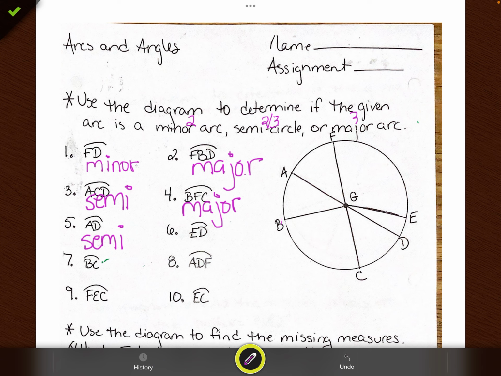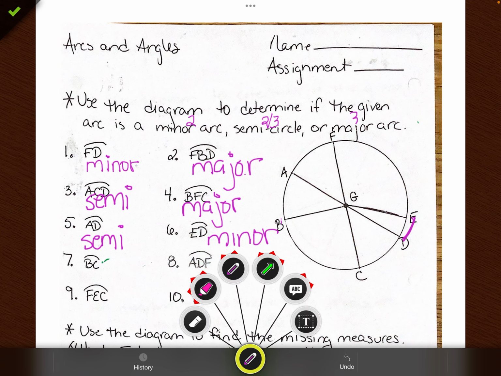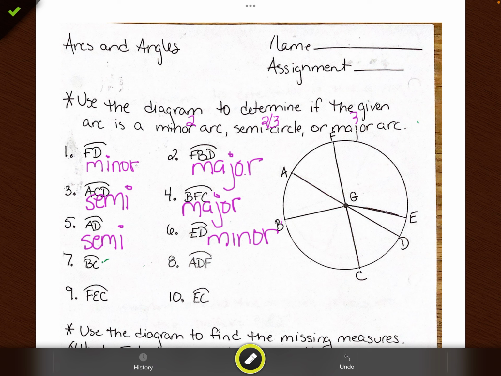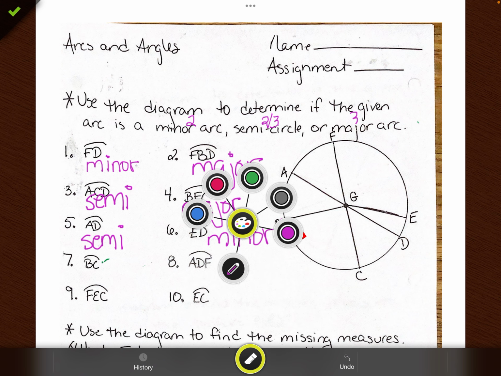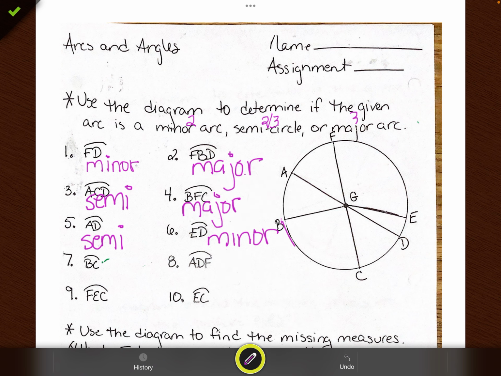All right, so hopefully you would pause the video so you can come back and check. So ED, you know it's a minor or semi. Shortest distance from E to D is right here. That clearly is a minor arc. Arc BC, again, shortest distance from B to C would be from here to here. Two letters tells you it's a minor or a semicircle, so that is a minor arc.